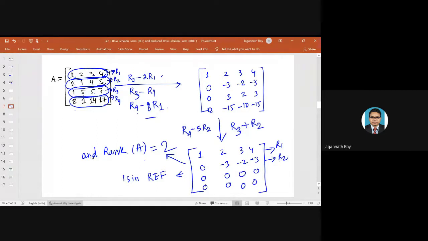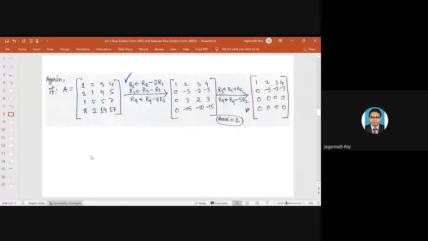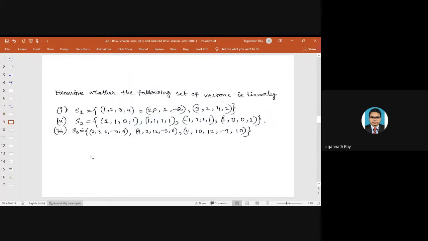Okay, so that is why this REF concept is very, very important in order to verify whether a given set of vectors are linearly independent or not. Now, the next question is what will happen if we can verify that some given vectors are linearly independent. So you will see their applications eventually.